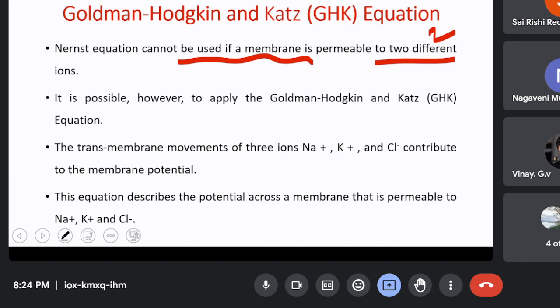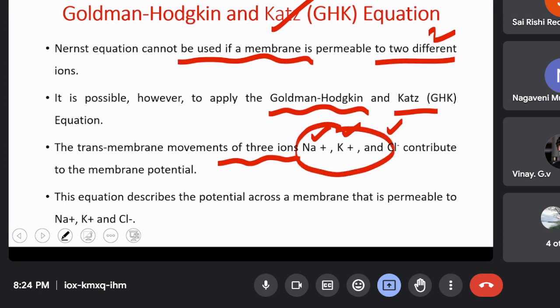This can be explained by the Goldman-Hodgkin and Katz, GHK, equation. There is a transmembrane movement of three ions, sodium, potassium and chloride, which contribute to the membrane potential, and this equation explains the potential generated when two or more different ions are involved.